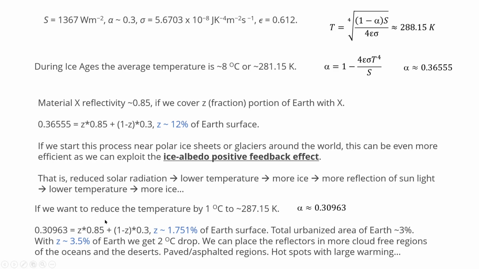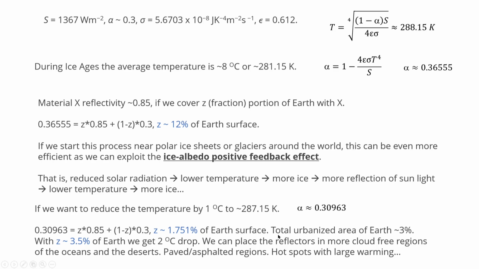So if we want that, and we cover with the same reflective material with 0.85 albedo, we need to cover about 1.75% of the earth's surface with this material. So if we cover 1.75% of the earth's surface with this material X, then we'll achieve a global average mean temperature of about 287.15.